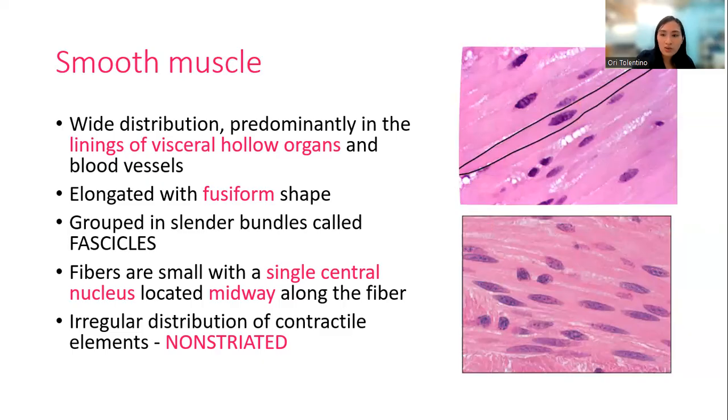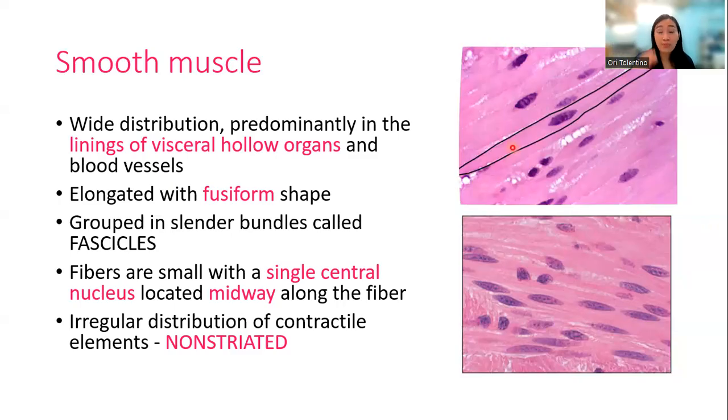It is also non-striated because of the irregular distribution of your sarcomeres, unlike the organization of the sarcomeres in your skeletal muscles and the cardiac muscles. These contractile elements are arranged in the cytoplasm in a very haphazard, random way, so there are no striations.